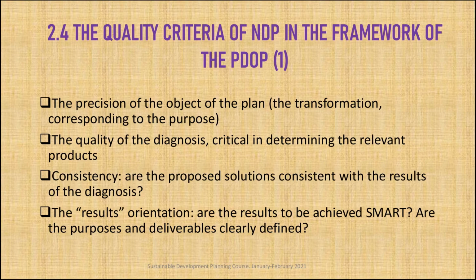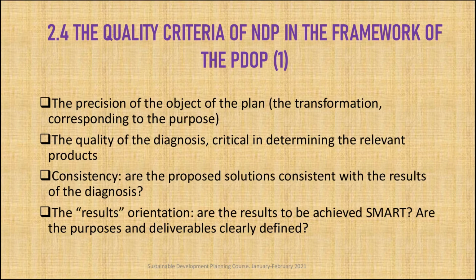The quality of the diagnosis is key because it's critical in determining the relevant products that will be used to bring the transformation through. Third is consistency, so that they might be able to respond to the question: are the proposed solutions consistent with the result of the diagnosis?